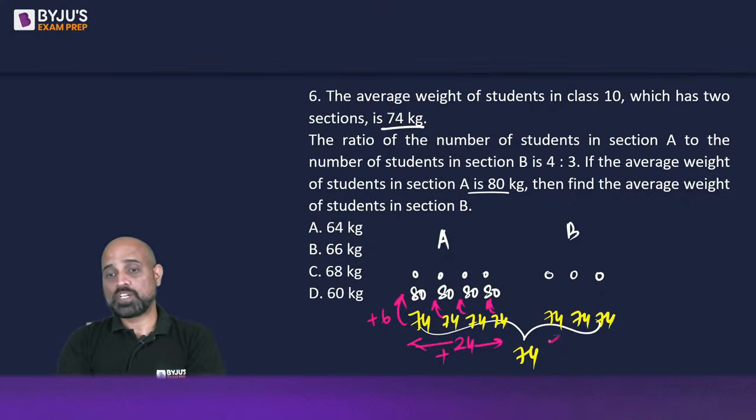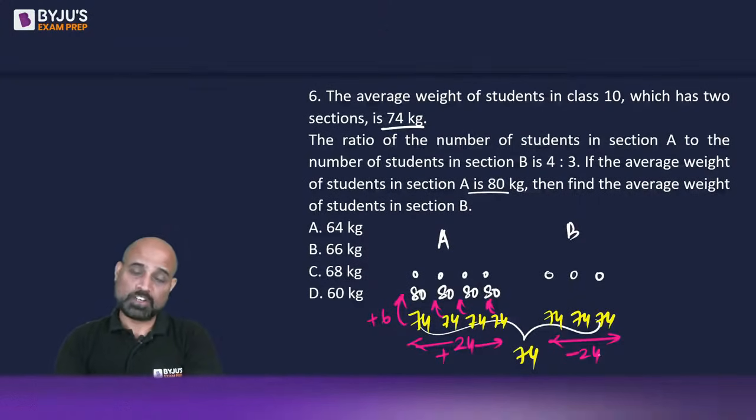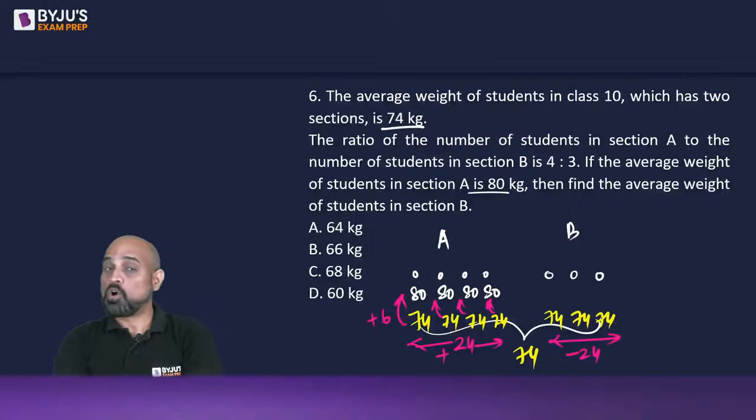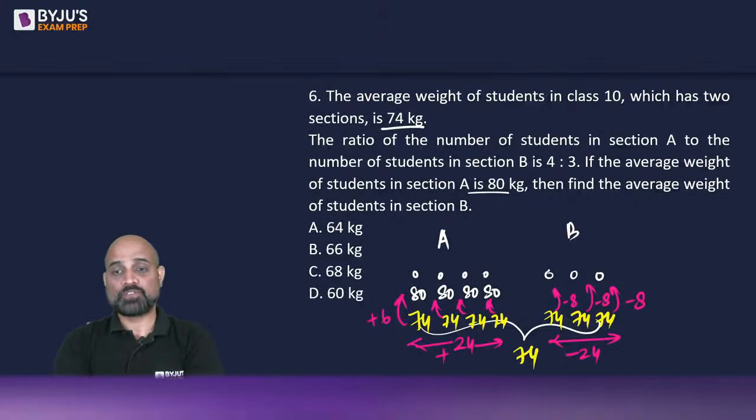This increase of 24 has to be compensated by a decrease of 24 from the other group. That's what the law of deviation in average says. If I need 24 overall from 3 students, can we say from 74 there should be a decrease of 8 from each? If there is a decrease of 8 from each from 74, this will end up at 66. 74 minus 8.